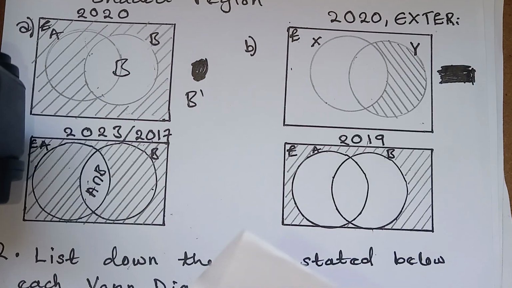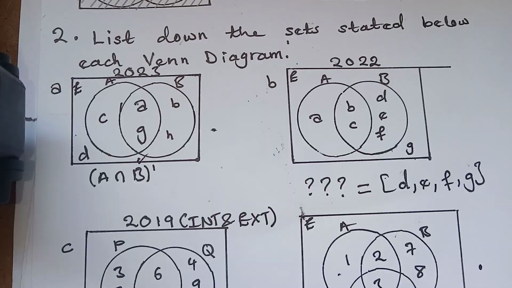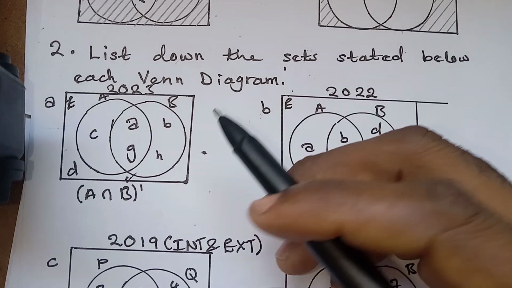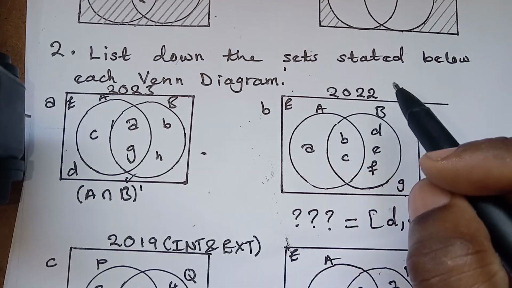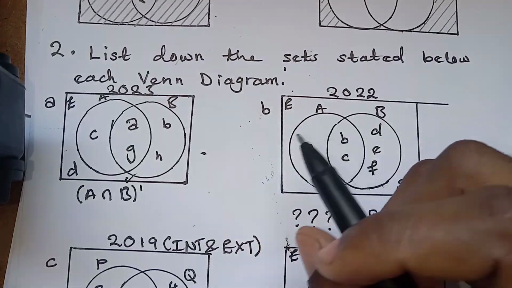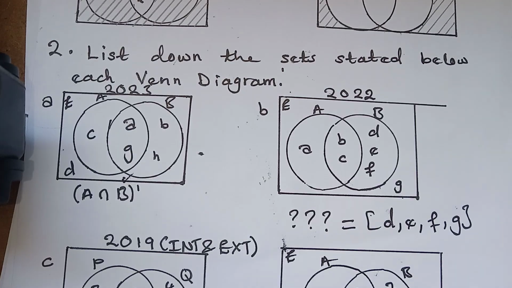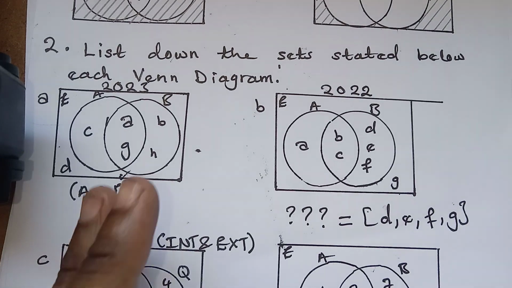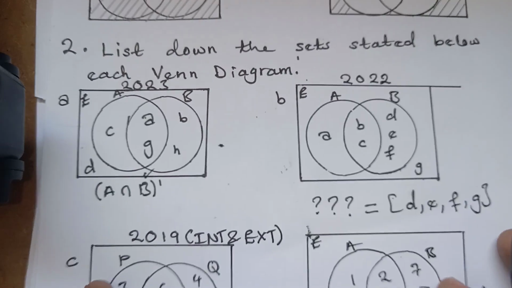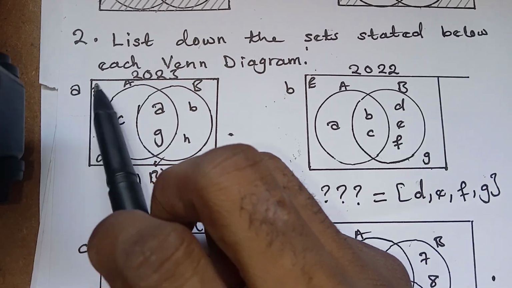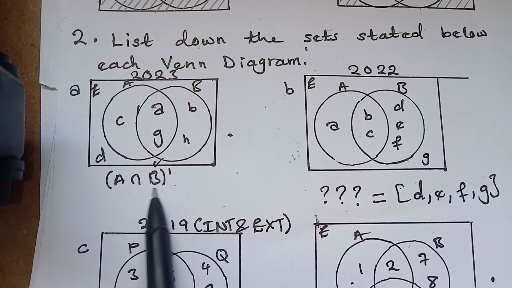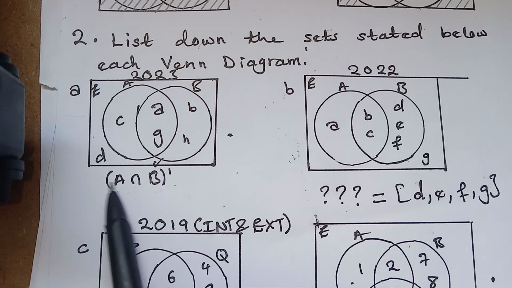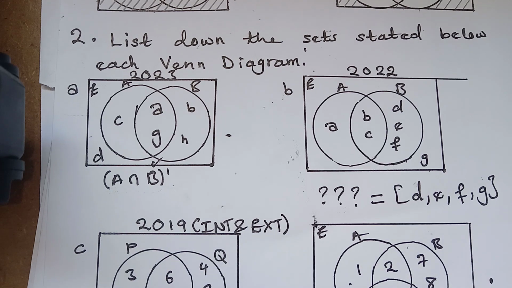And then on question 2, okay, so we can move on to question 2. List down the sets stated below each Venn diagram. So we have the set A here from 2023, and they want you to list down the elements of this set.